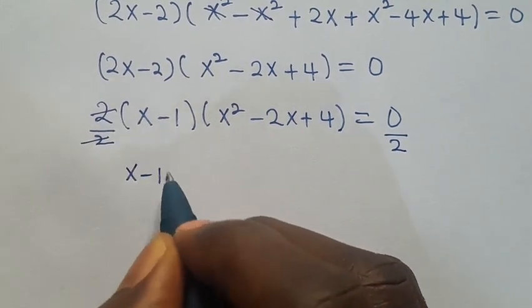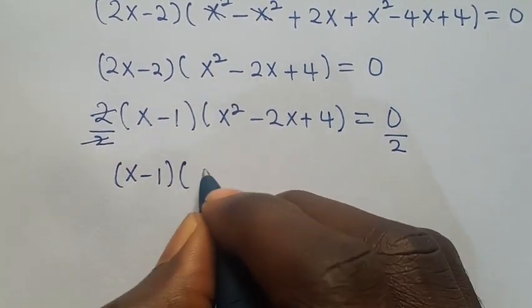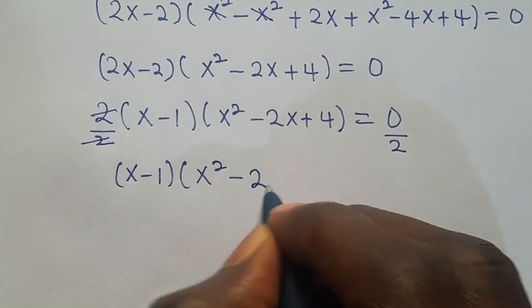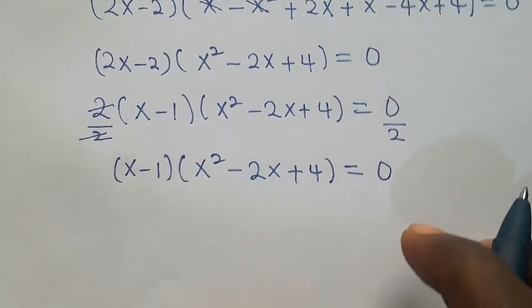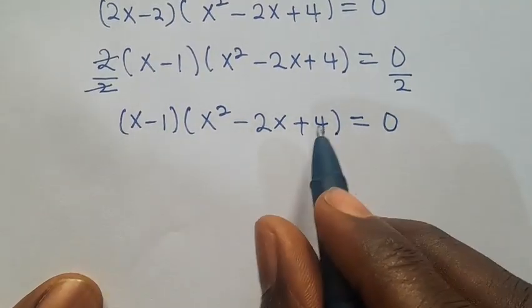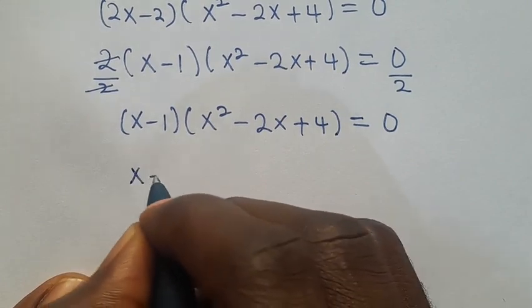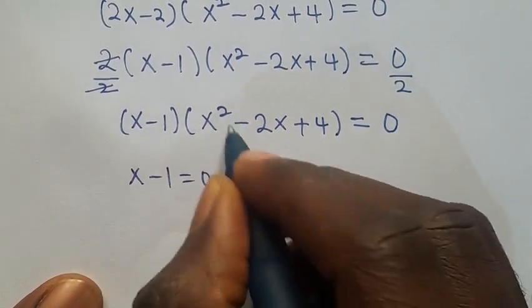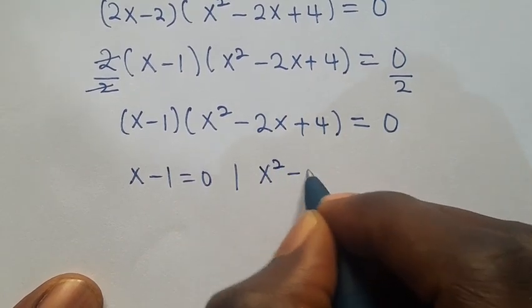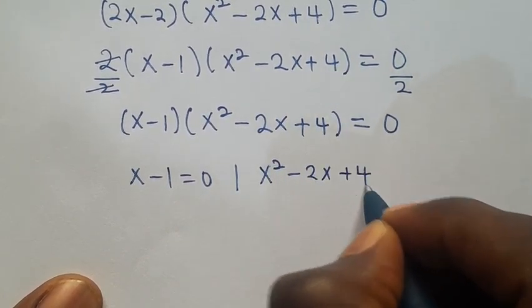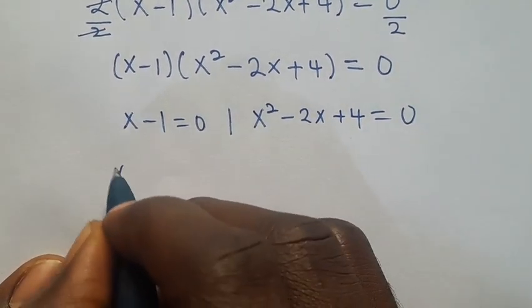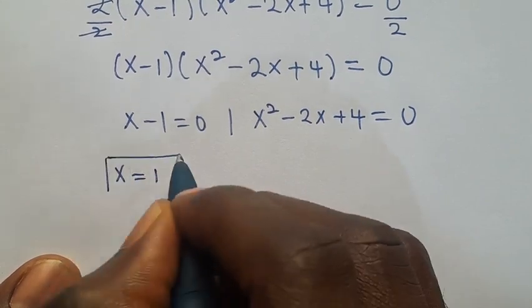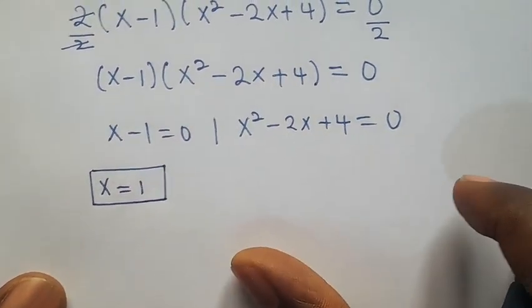So we have (x minus 1) multiplied by (x square minus 2x plus 4) equals 0. So therefore from here either we have x minus 1 equals 0, or we have x squared minus 2x plus 4 equal to 0. So therefore from here we have x equals 1 as our first solution.